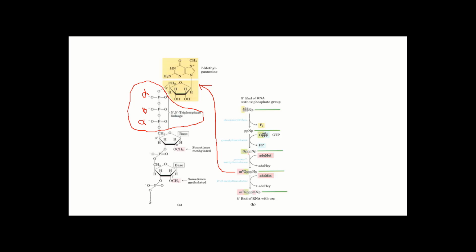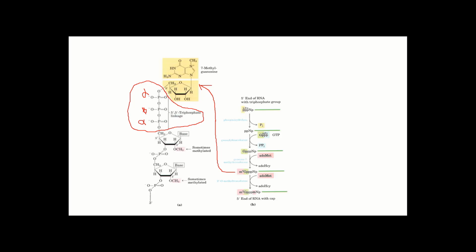So this will form this complex where this is your 5' end and this is the G cap. These two phosphates are the alpha and beta phosphates of the 5' nucleotide of the mRNA, and this is the GMP where the phosphate is at the alpha position. After this there can be methylation at the G cap. For the methylation it will use adomet as a cofactor. As you know, Met stands for methionine, and methionine has a methyl group.